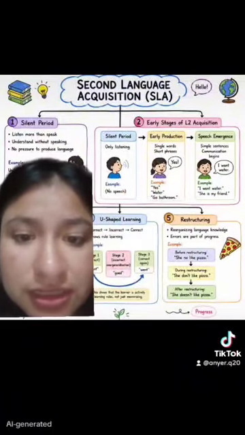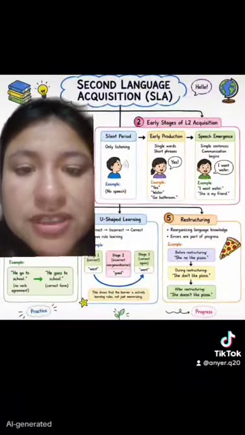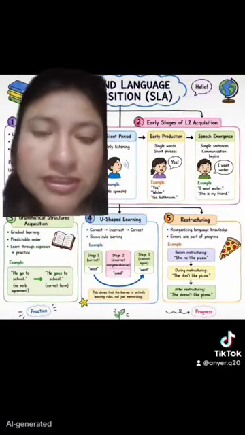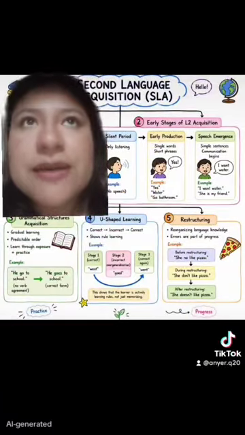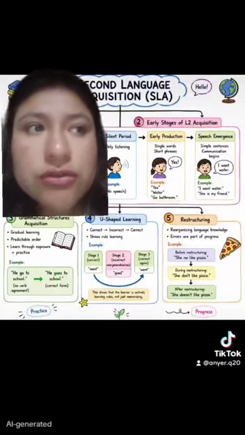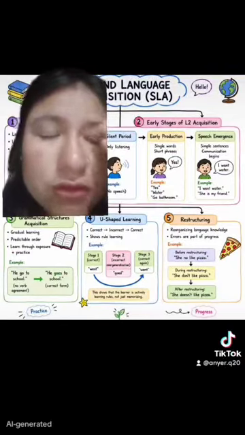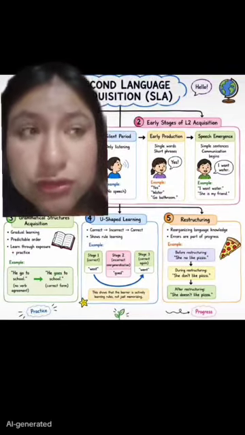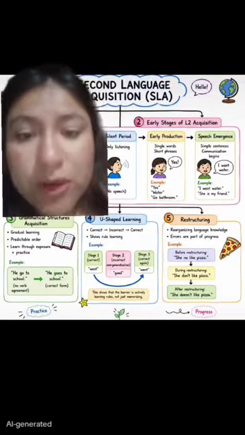In this aspect, U-shaped learning is a process. The first step is to use the correct form, to know the structure of the verb went.